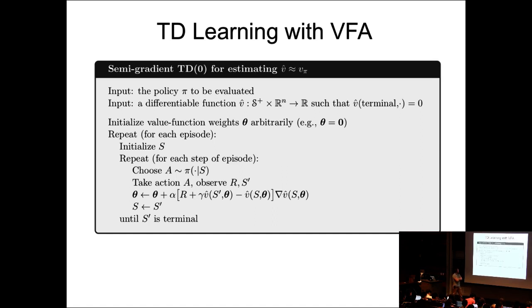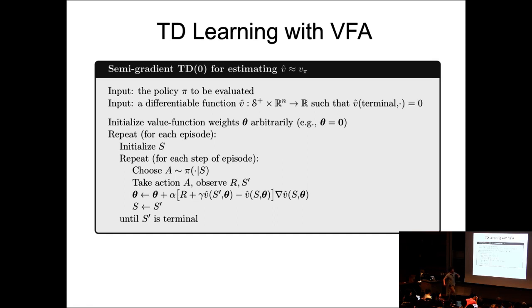Okay, so this is the algorithm for TD learning with value function approximation. So let's look at what's happening here. You initialize the value function weights, w, as before. And for each step of the episode, you sample the action according to your policy. You take an action, you observe the reward, and you observe the next state.